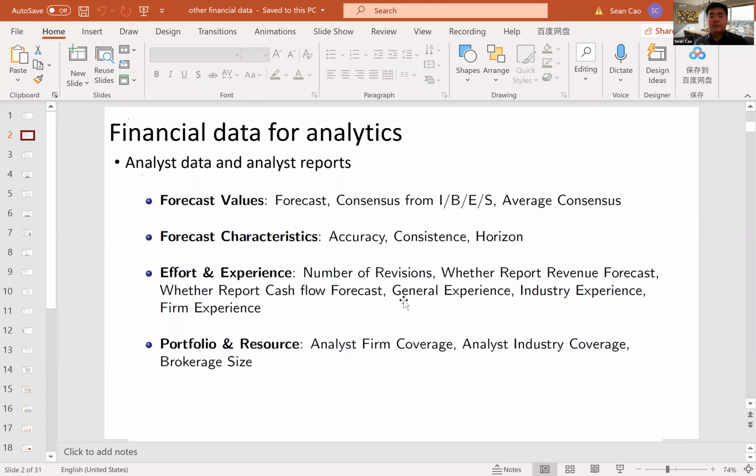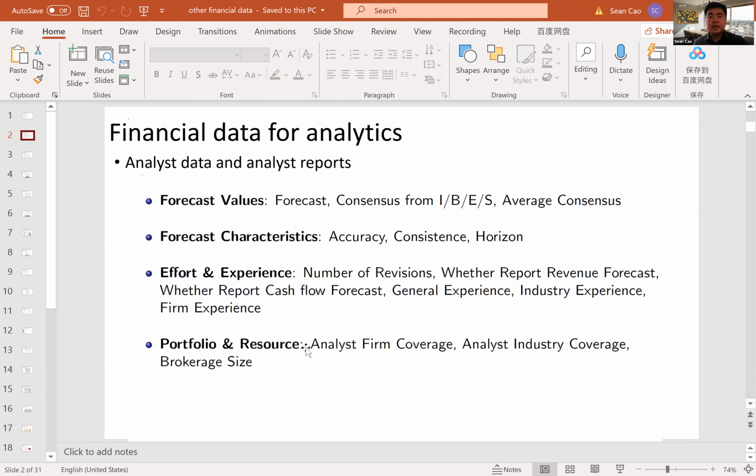Like me, I'm in the industry for 20 years. The 20 years is the experience. And which industry am I in? I'm in the accounting industry. And which firm is the analyst following? Does the analyst follow Google, Apple, or Tesla? What kind of company is the analyst following? These are all the information you can gather about analysts.